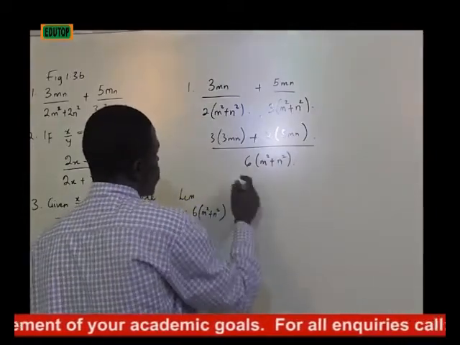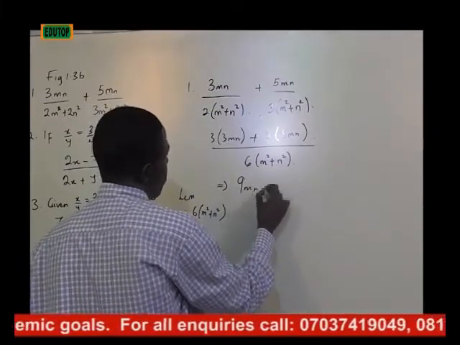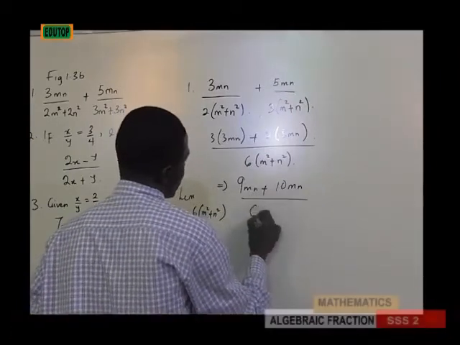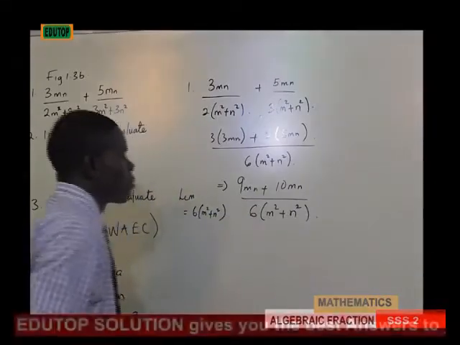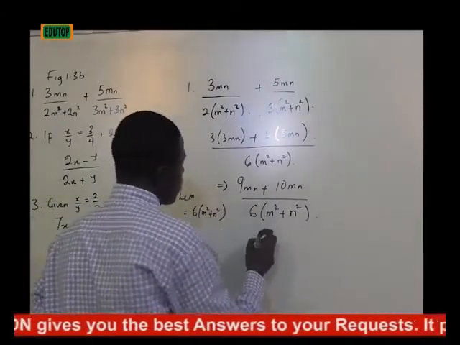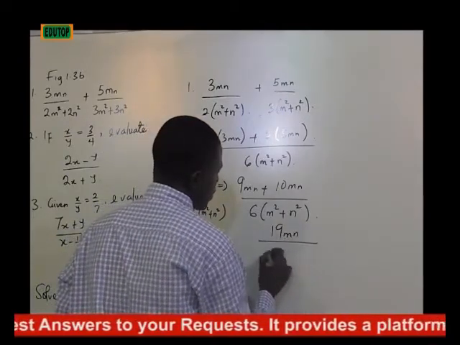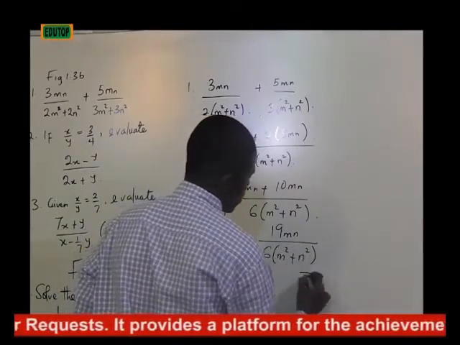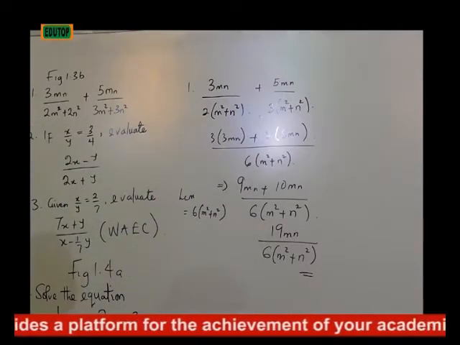So we can resolve this: 3 times this, 9mn plus 10mn over 6 into m squared plus n squared. Then at the end, this one will definitely be 19mn over 6 into m squared plus n squared. So we have succeeded in simplifying the first expression.